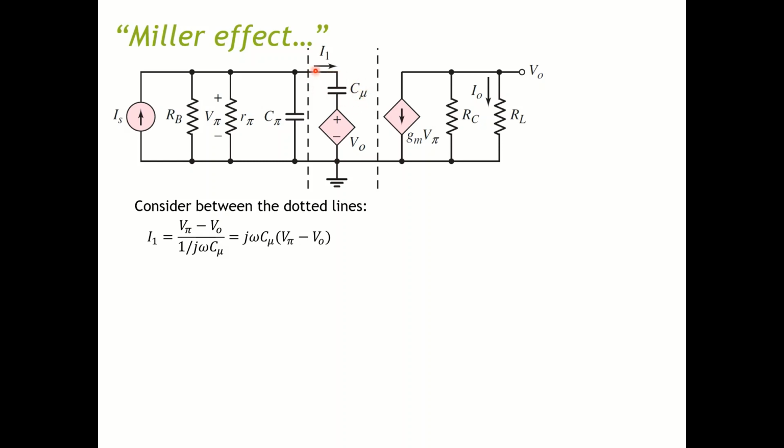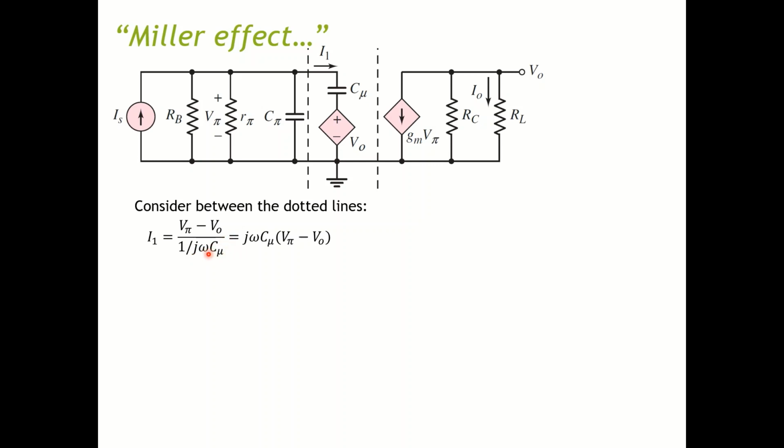The voltage across this capacitor is V pi minus VO. If you divide that by 1 over j omega C mu, which is the impedance of C mu, according to Ohm's law, you can have this equation.